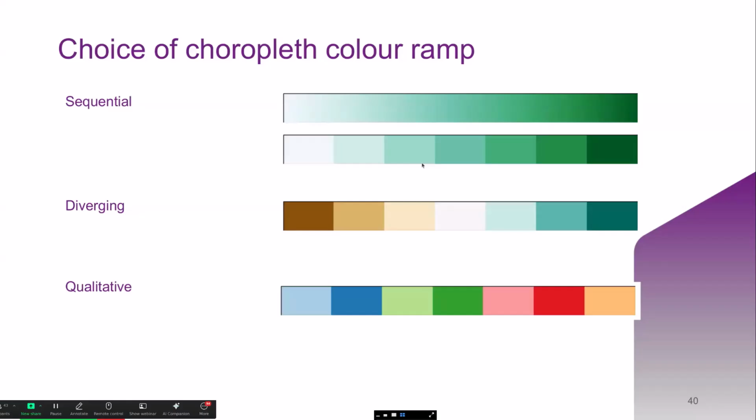And when we shade the data in the choropleth map, we pick a color ramp. And there are different types of color ramp. So we have sequential color ramps, which go from low to high values. So this is green, going from light green to dark green.